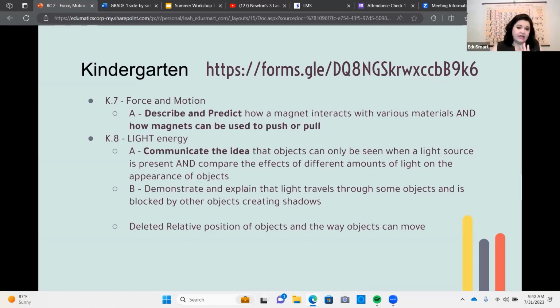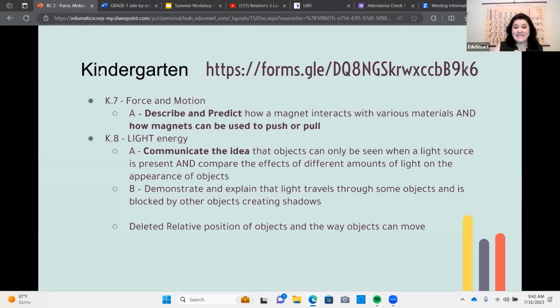Starting in kindergarten, again, we are now taking out everything except for pushes and pulls. So we're no longer talking about things like spirals and zigzags, we're just talking about pushes and pulls. But we start that in kindergarten.